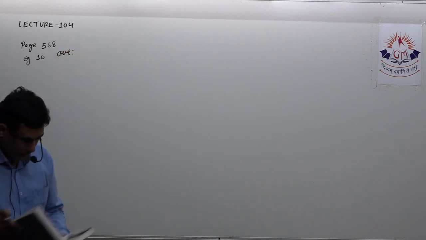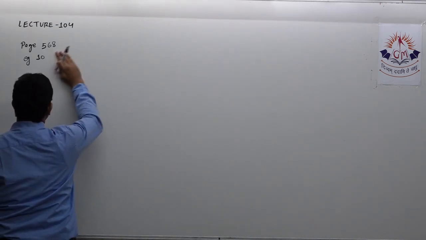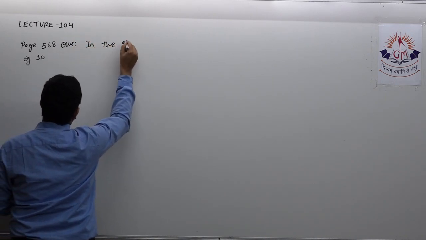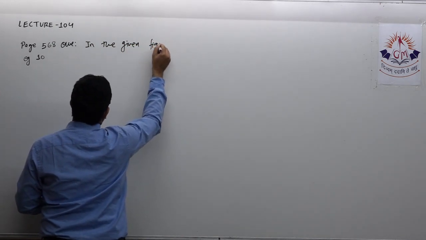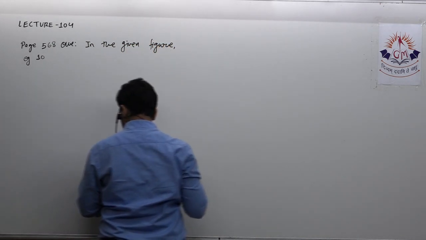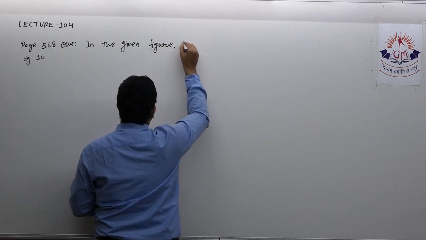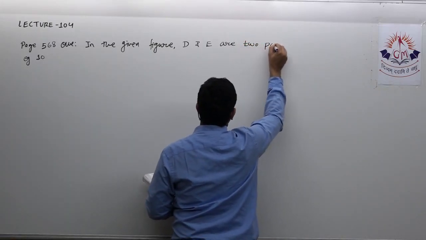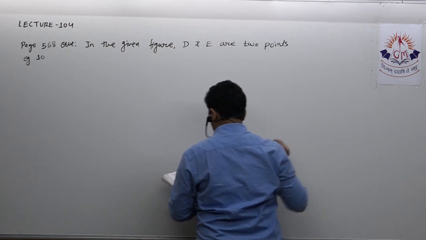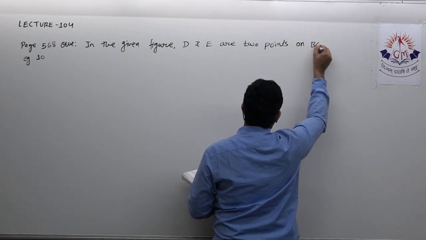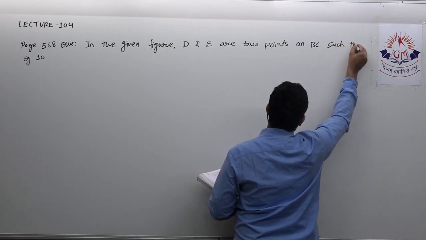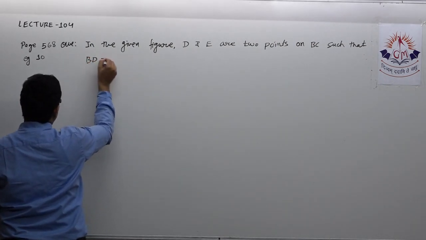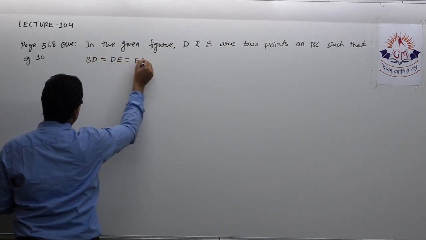The question is: in the given figure, a figure is given. D and E are 2 points on BC such that BD is equal to DE is equal to EC.